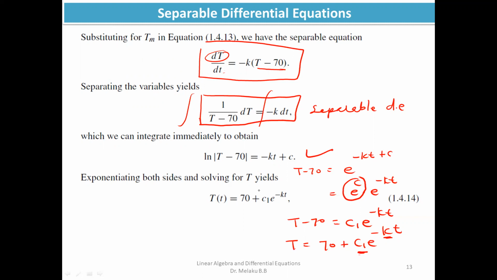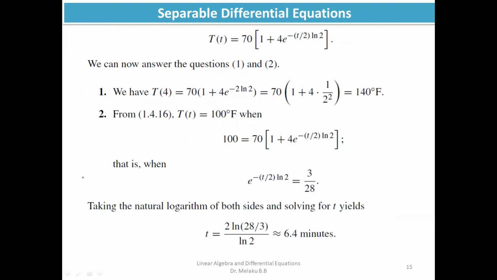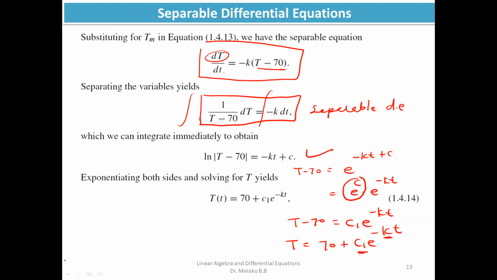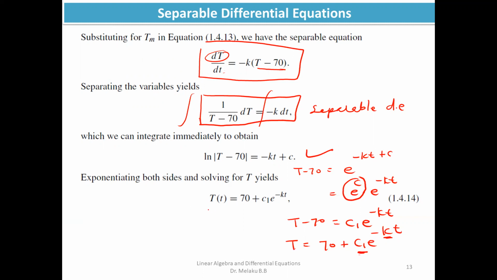Okay, so T at 0 is what? 350. So if T at 0 is 350, which means 70 plus C1 times e to the power of 0, and this one is 1.